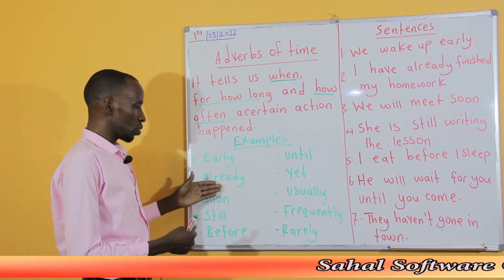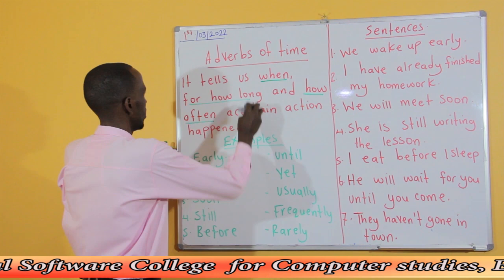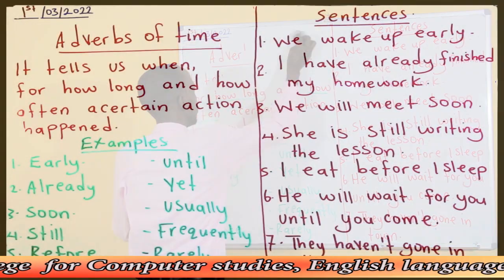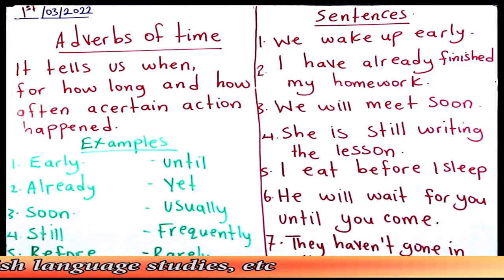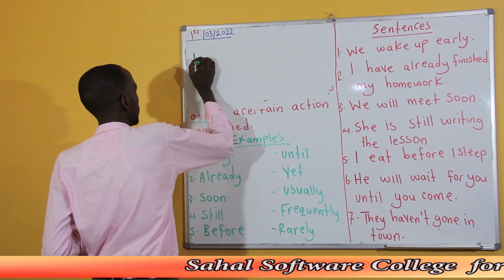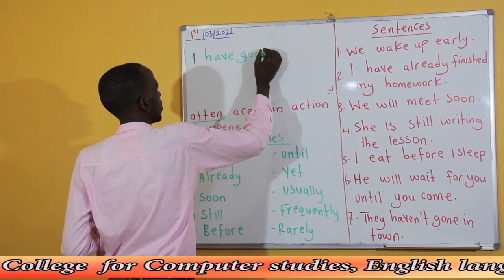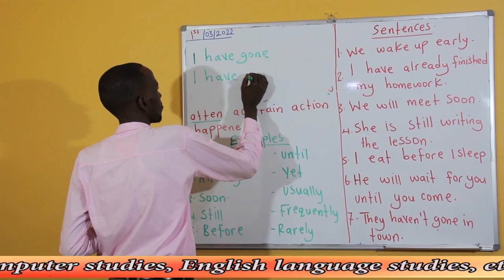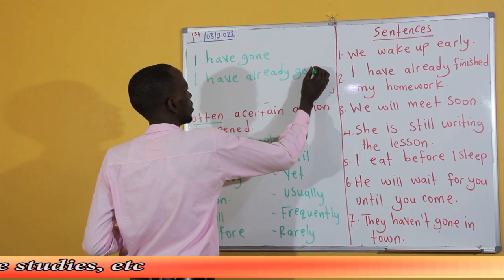Now let's go to already. Before I explain the meaning of the word already, I want to first ask you the difference between these two sentences. If I say I have gone, I have already gone.